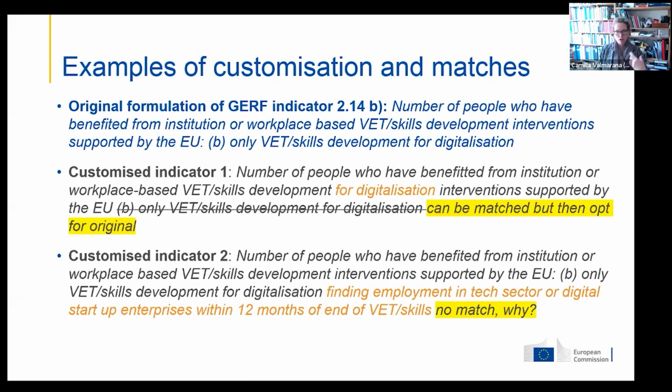In the first case, we're measuring the number of people who benefited from VET or skills development. In the second case, we're measuring those who, after having participated or benefited from VET skills development, find employment. So we're measuring two different things, and if we are measuring two different things, the match should not be made.